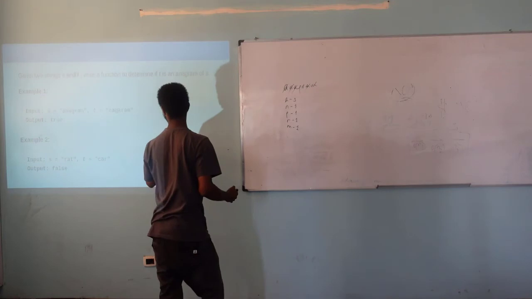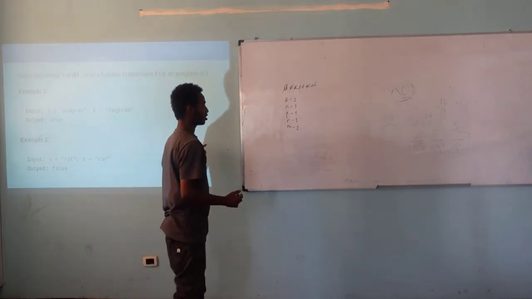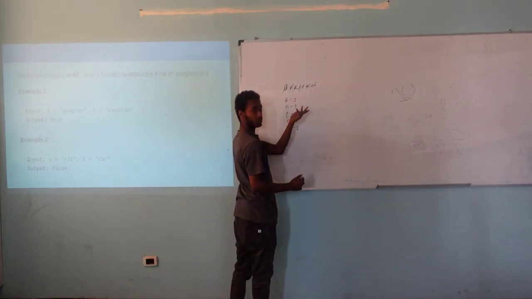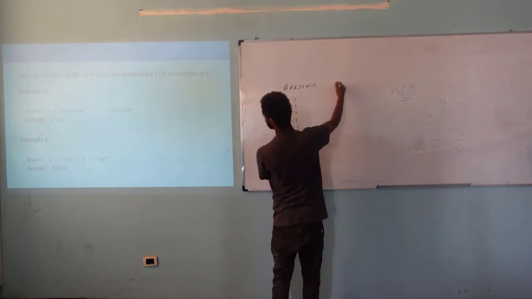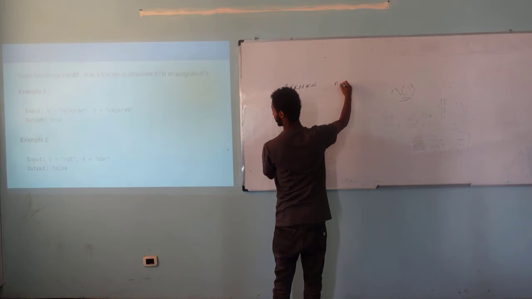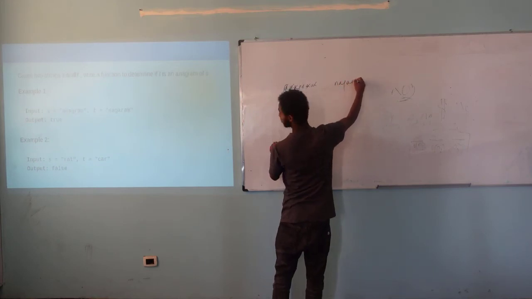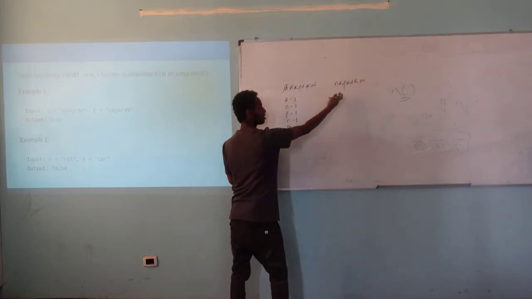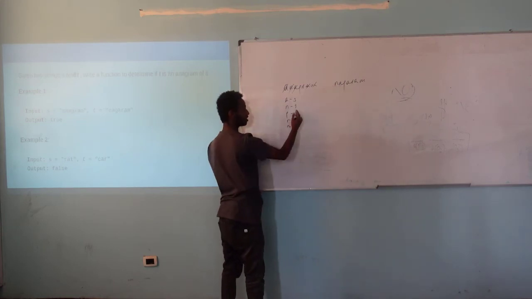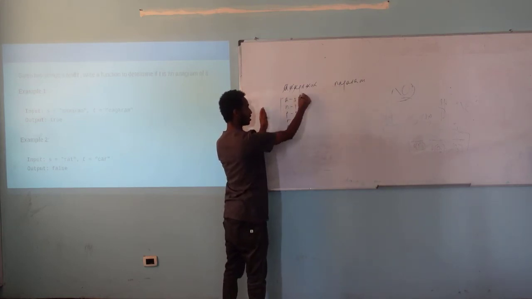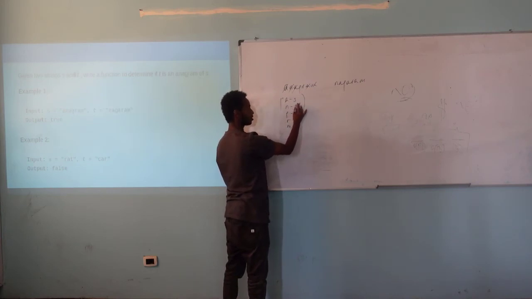For the next string, we don't add the counts, but we will subtract the counts. So the next string is anagram or whatever it is. For N, in the map, if there is N, I will decrease the count, so the count becomes 0.